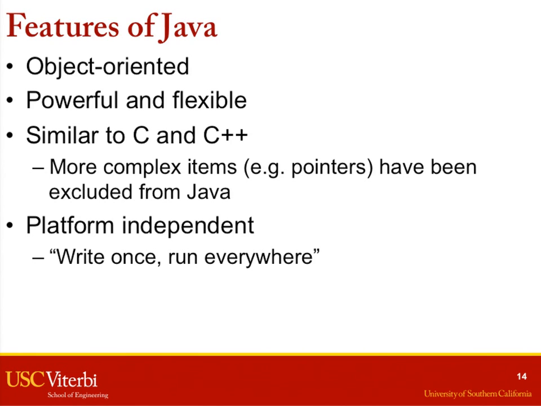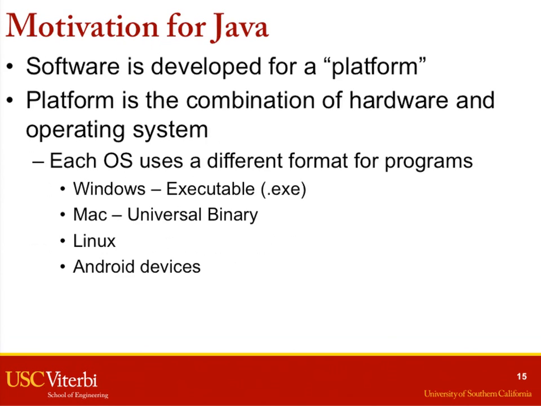It's actually a lot easier. No malloc, no free, no release, all those kinds of things. And Java is platform independent, so you write once, run anywhere. You write your code once, compile it, and it'll run on a Mac and on a PC because of the Java Virtual Machine.